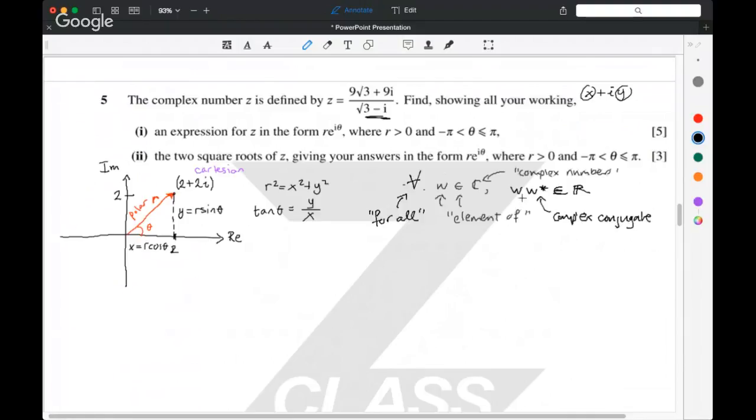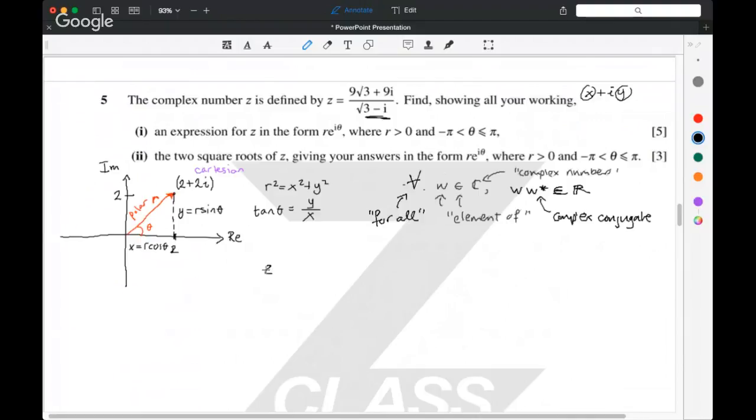If we have some number w, and we take its complex conjugate and multiply them together, we will get a real number. So what we want to do is multiply the denominator here by its complex conjugate. But we can't just do that willy-nilly. We have to compensate for it. We have to multiply this by something that doesn't actually change its value. So what do I mean?